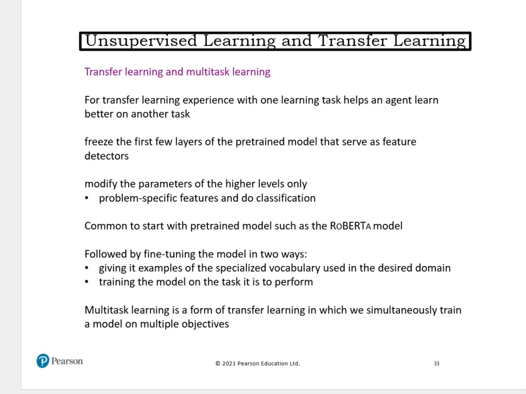Multitask learning is a form of transfer learning as well, in which we simultaneously train a model on multiple objectives.